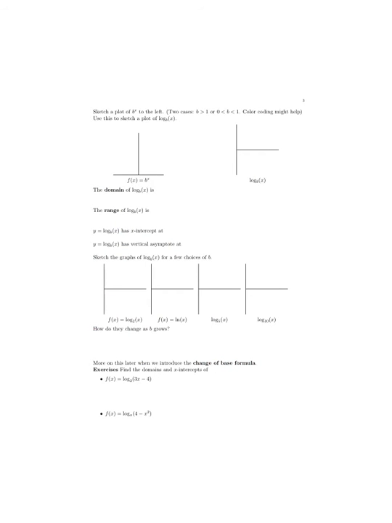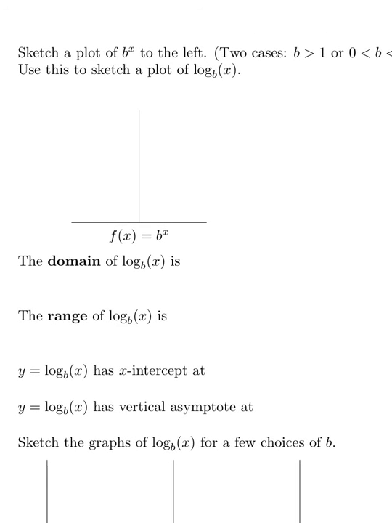All right, let's keep on doing. So, let's talk about graphs of logarithmic functions. So we've already kind of seen, there are two types of exponential functions. There's exponentials with base greater than 1.